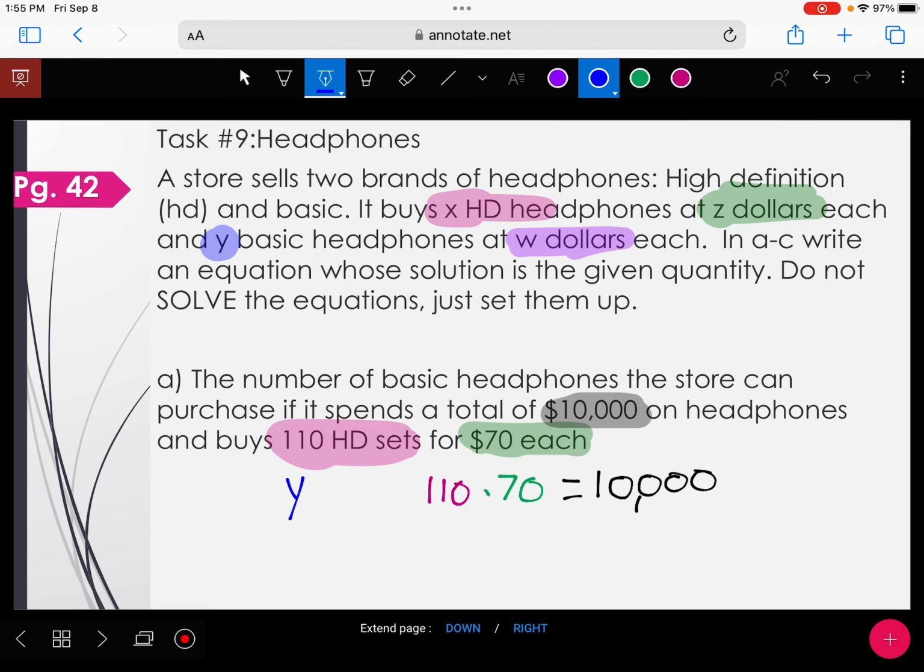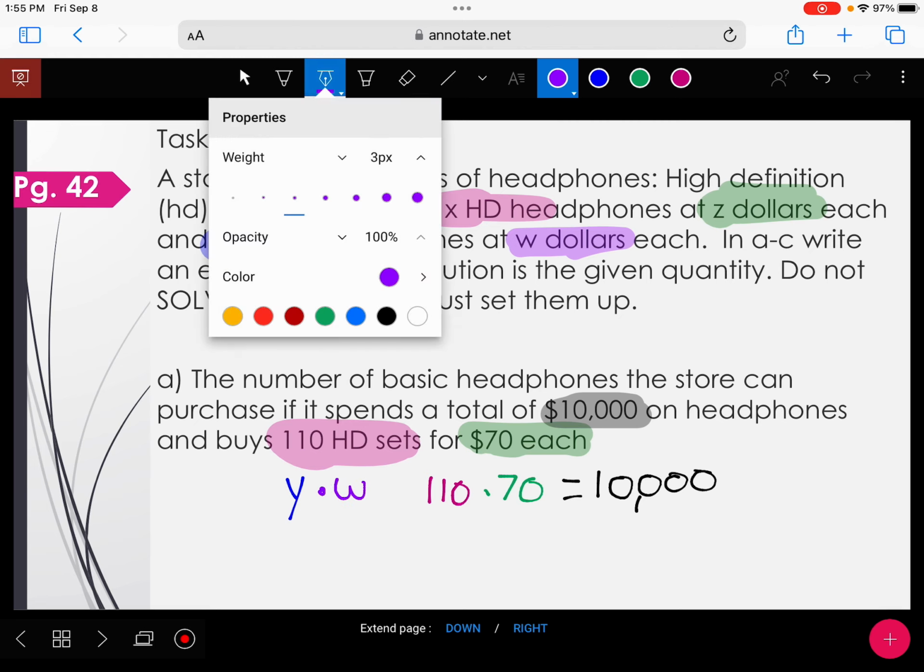So what are we going to put? Times W. We take the number of headphones times the cost. So we're going to take the Y times the W, and that tells me all about my basic headphones.